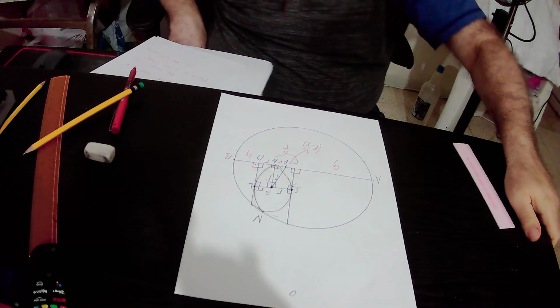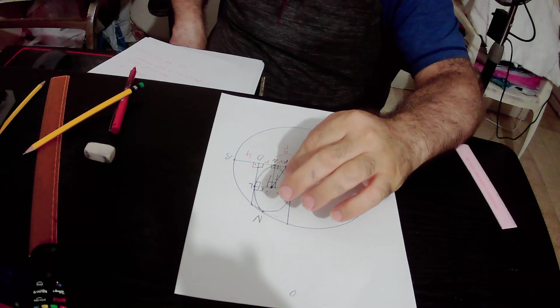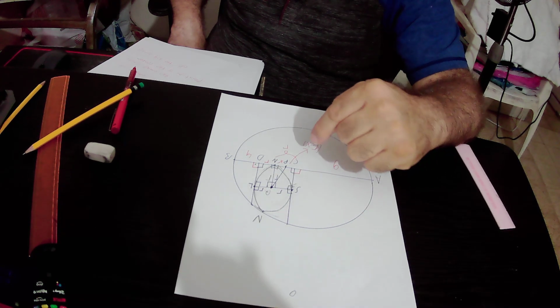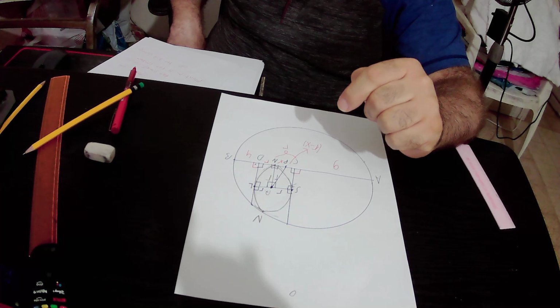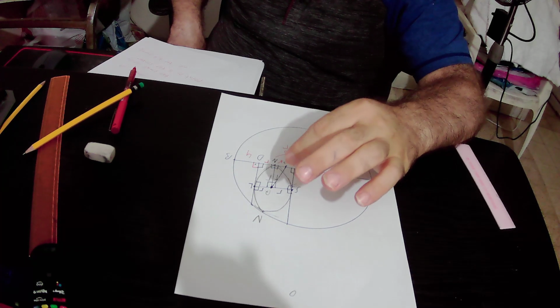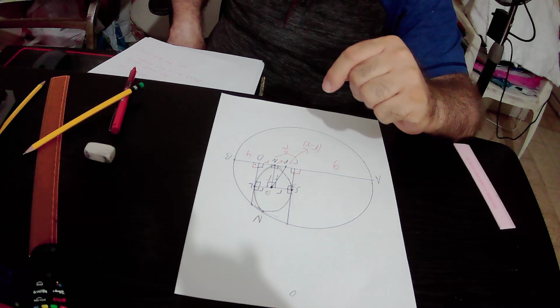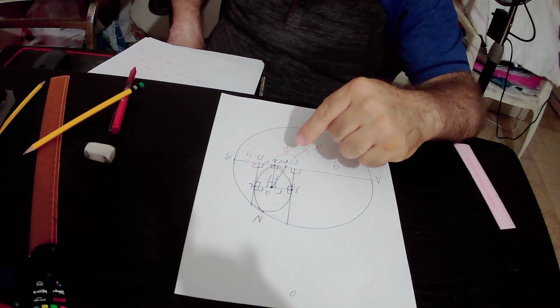First of all, we defined small r as the radius of the small circle, and capital R as the radius of the big circle.